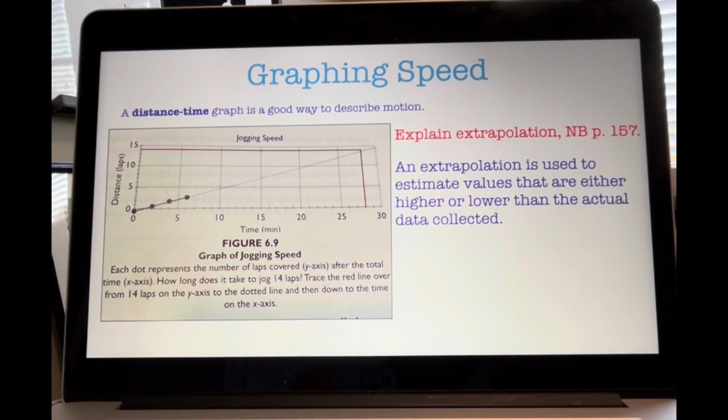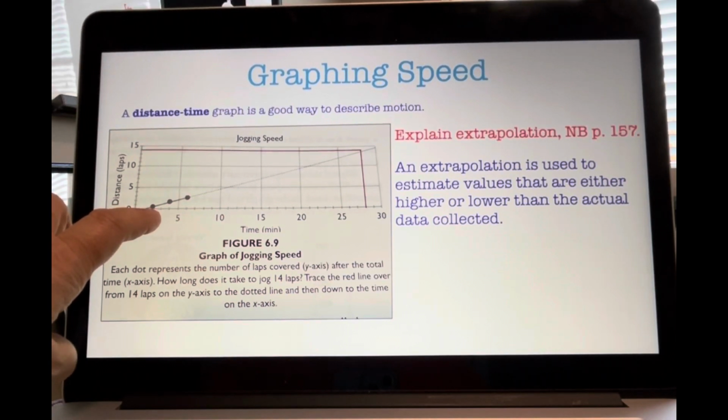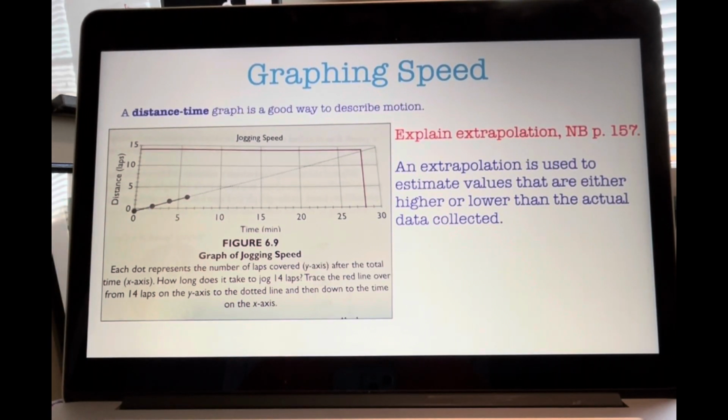The point at the time, 2 minutes, is placed at 1 lap to show that it took 2 minutes to jog the first lap. So here's the first lap, and we go over and you can see the dot here is at 2 minutes. There is another point 2 minutes later showing another lap was jogged.